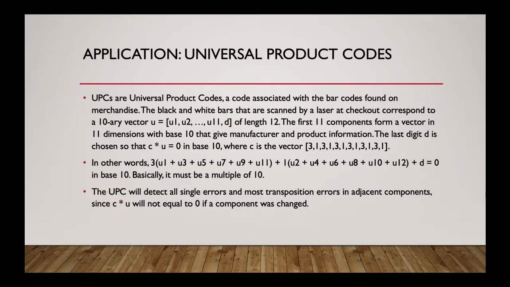So in other words, you can group like terms, and you'll see that 3 times the quantity of U1 plus U3 plus U5 plus U7 plus U9 plus U11 plus 1 times the quantity U2 plus U4 plus U6 plus U8 plus U10 plus U12 plus D is 0 in base 10. So it's a multiple of 10. The UPC will detect all single errors and most transposition errors in adjacent components, since C times U is not equal to 0 if a component was changed.